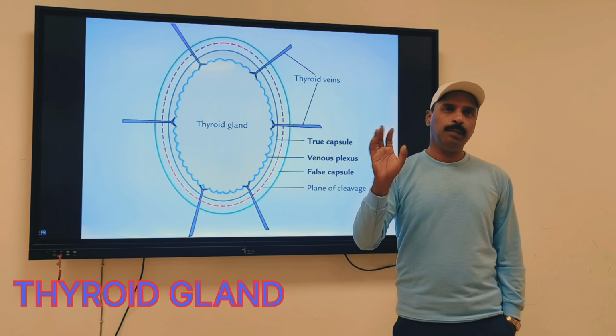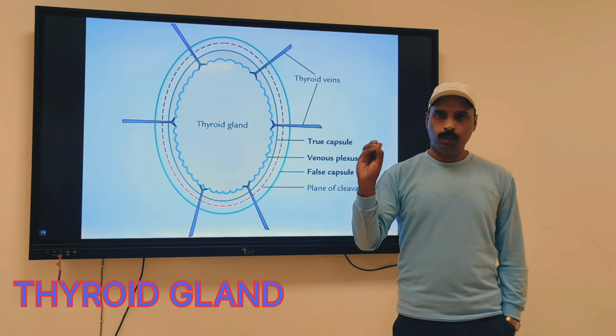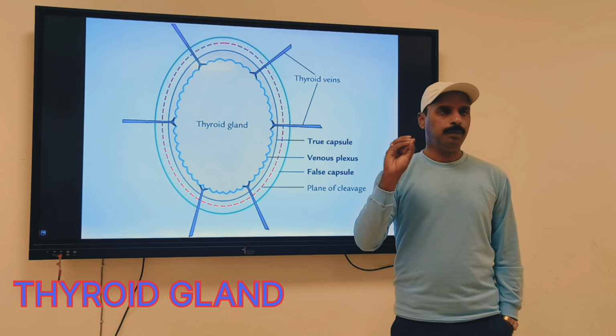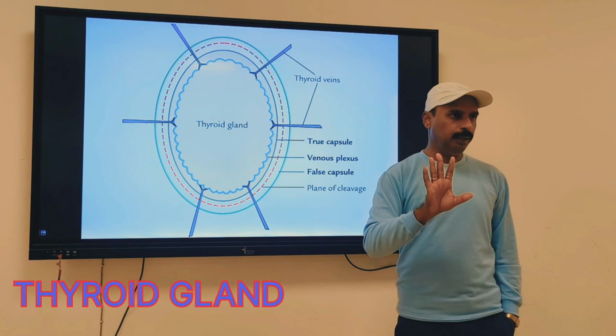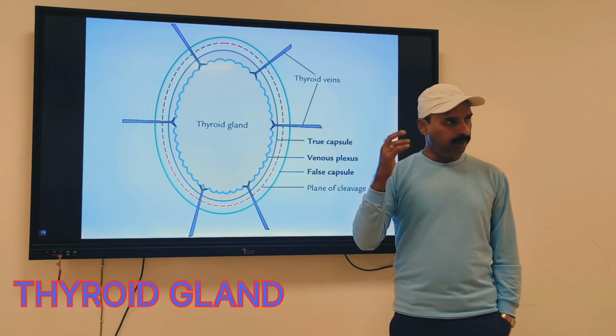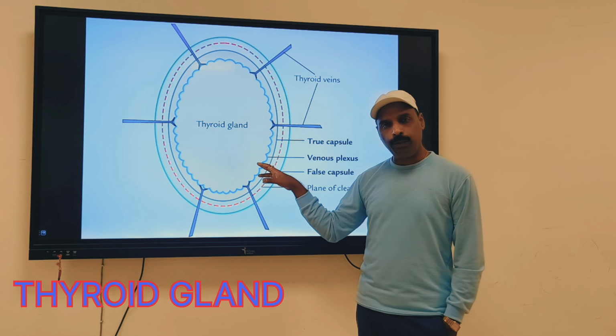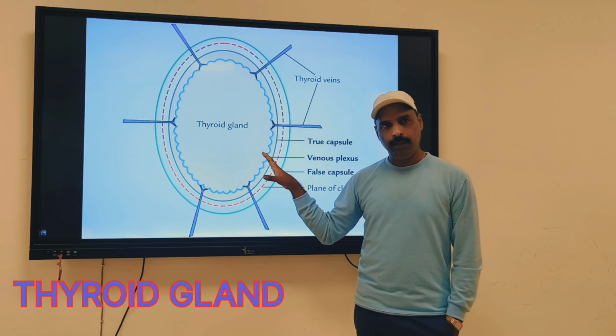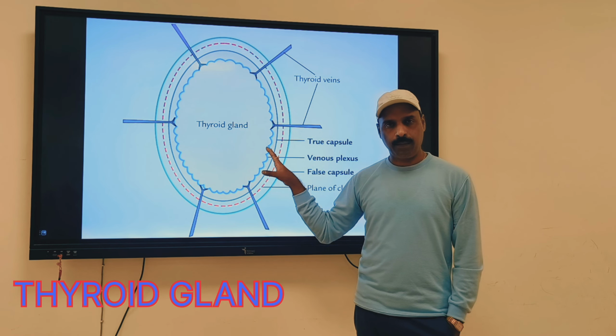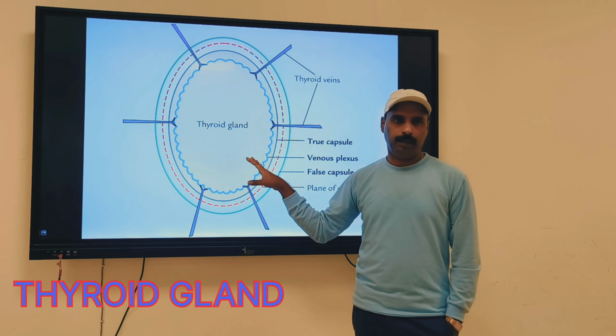So in the prostate we leave the true and false capsule, since the venous plexus is present between the two layers. In the thyroid, we remove the thyroid gland with the venous plexus, that is in the thyroidectomy.